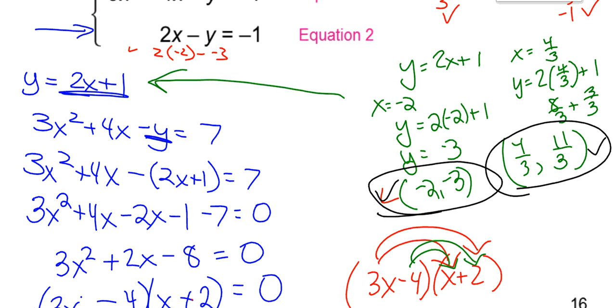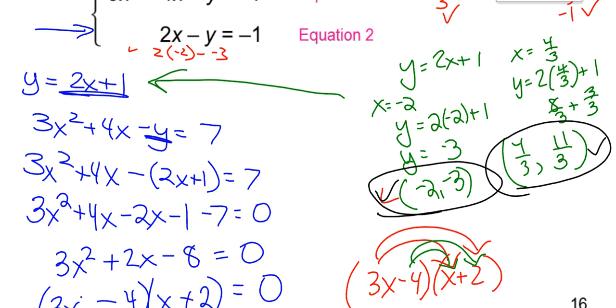And so that is the concept of solving nonlinear systems using substitution. And I will say that a lot of times substitution is a good method for that. Now I want you to think about this.